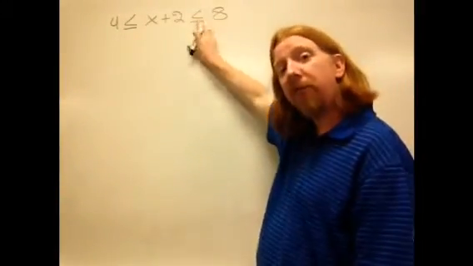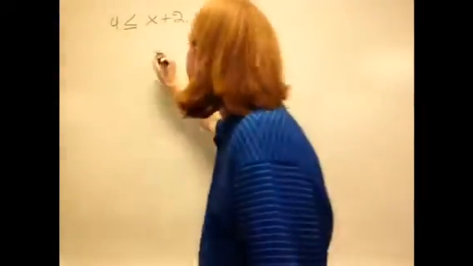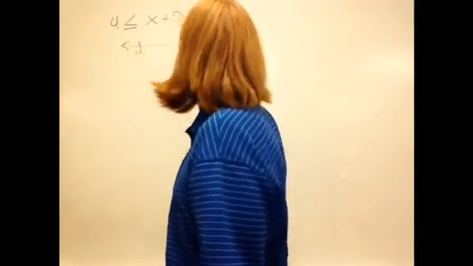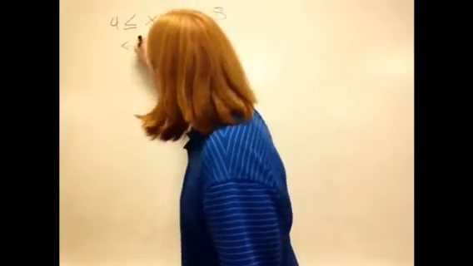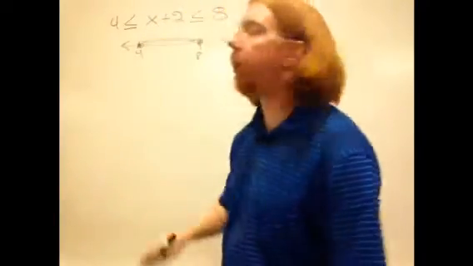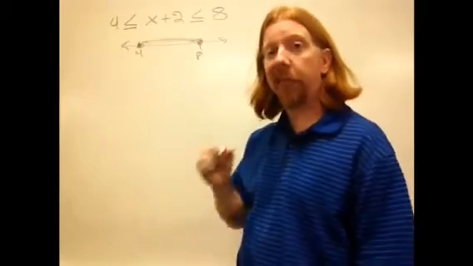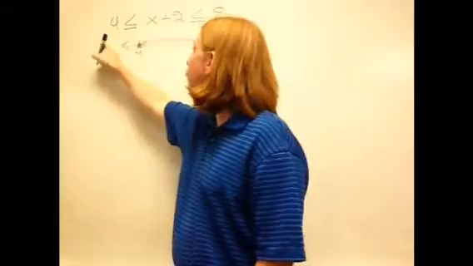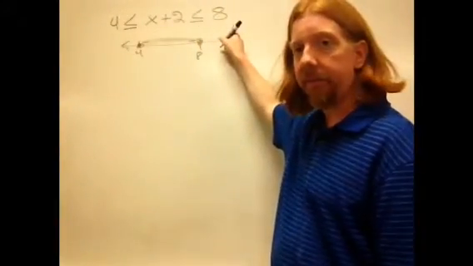Now if I were to graph just this on the number line, just like I see it, this region right here represents x plus 2. It represents the numbers between 4 and 8.